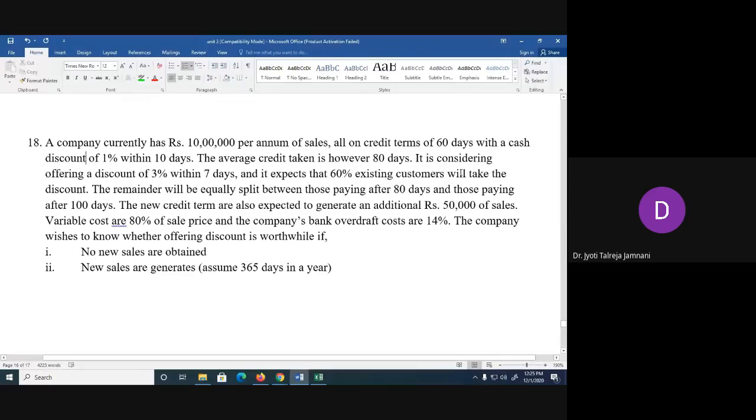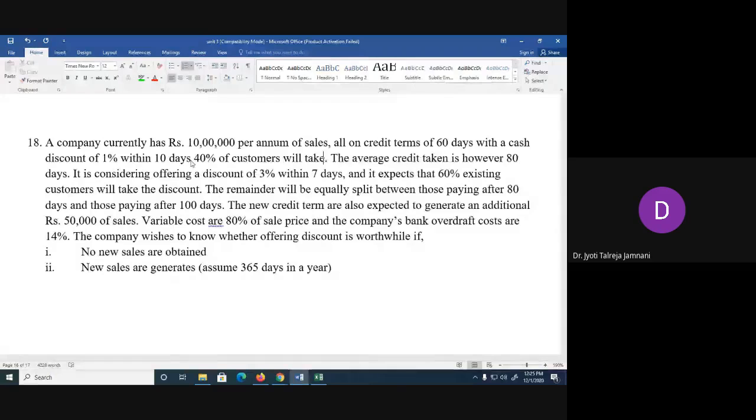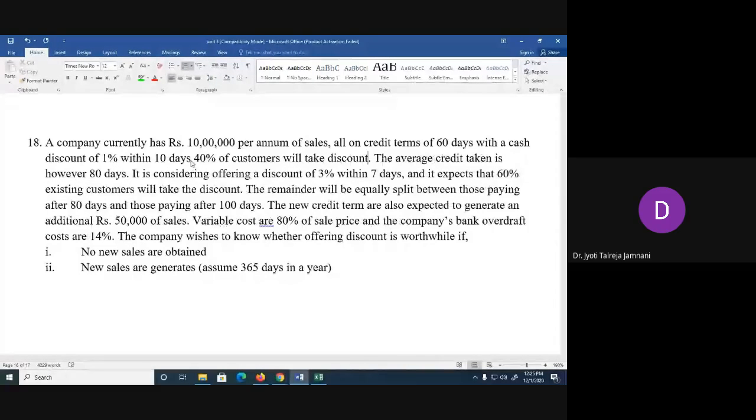And it is expecting 60% of the customers will take discount. So in the existing, we will assume 40% of customers will take discount. I have changed the question a bit so that I can show you both the discount methods.